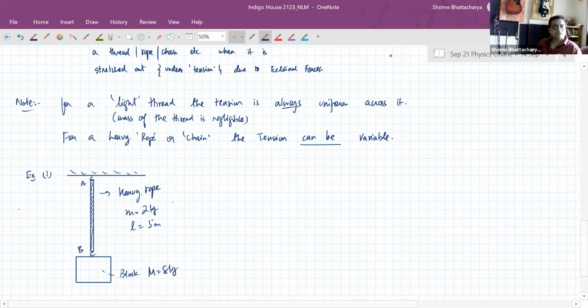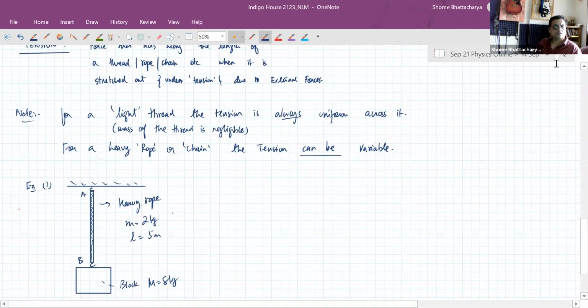And the second case, we consider a similar kind of situation. Again, I will consider a heavy rope only, but not as heavy, comparatively much lighter. So it's a much thinner gauge rope, such that this rope now has a mass of 1/10 of this, that is only 200 grams.